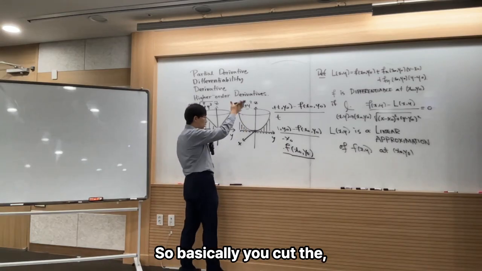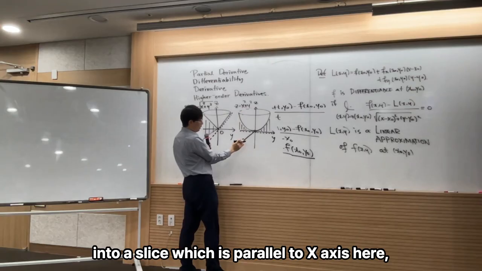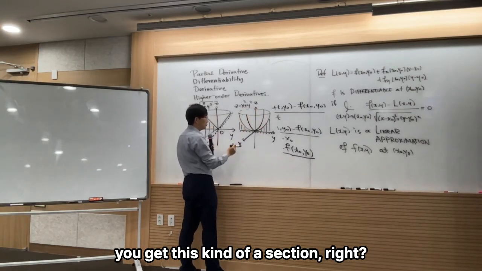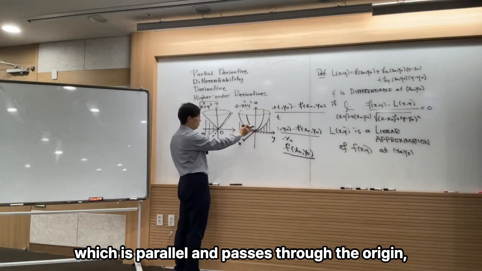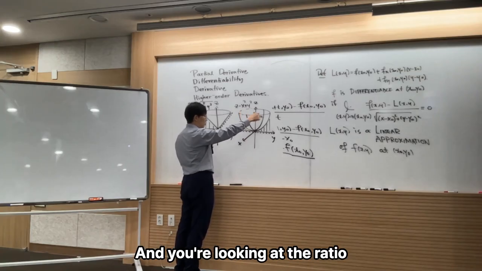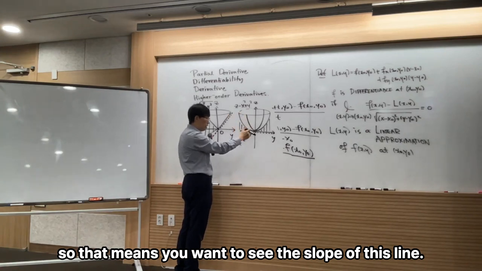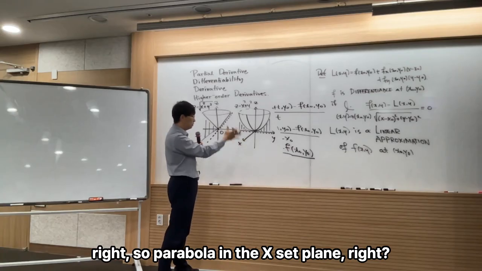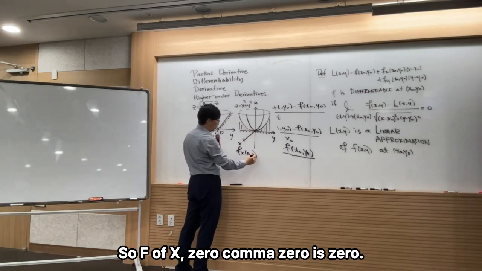So you cut the graph with a slice parallel to the x-axis, passing through the origin, and you get this kind of section. And you're looking at the ratio when x goes to x0, which is 0 here. So that means you want to see the slope of this line. We can see actually the paraboloid gives a parabola in the xz plane. So f_x at (0, 0) is 0.